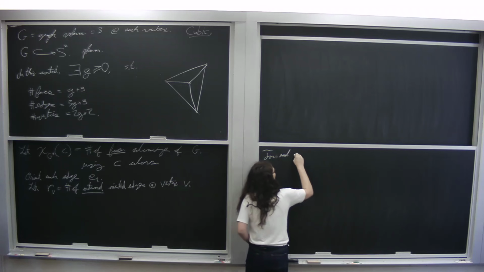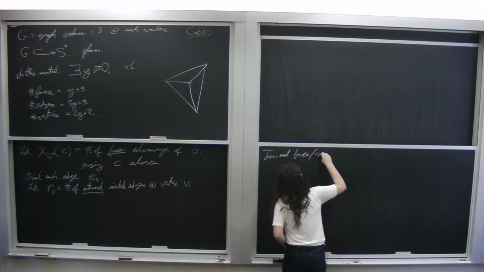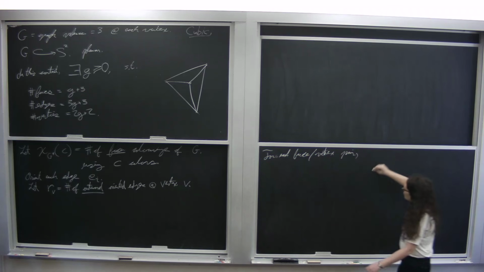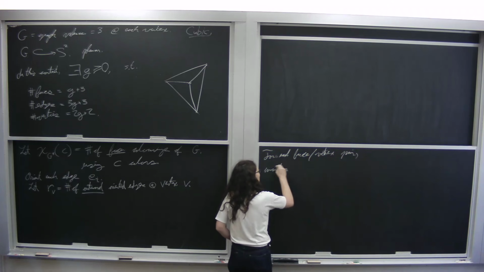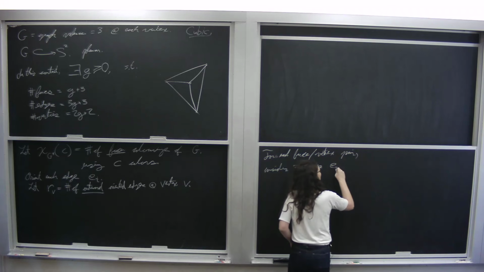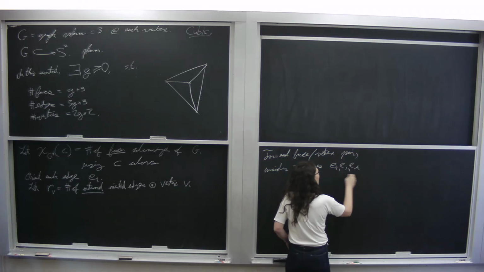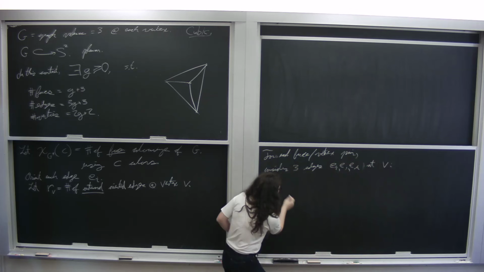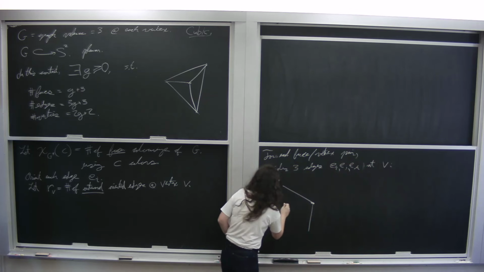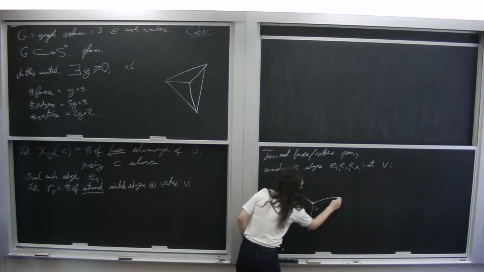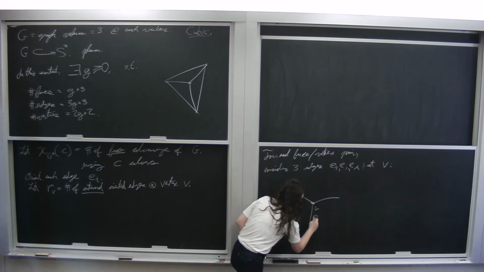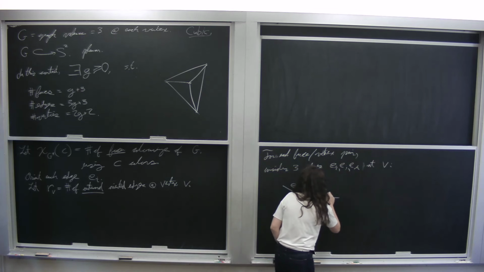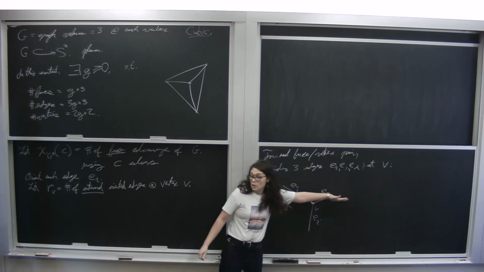For each face vertex pair, I'm going to consider the 3 edges EI, EJ, and EK at V. And so what that's saying is that every time I have a vertex V, which is part of a face, then there are 3 edges, and 2 of them will be contained in the face, and the third one, which I'll call EK, is opposite, not contained in the face.